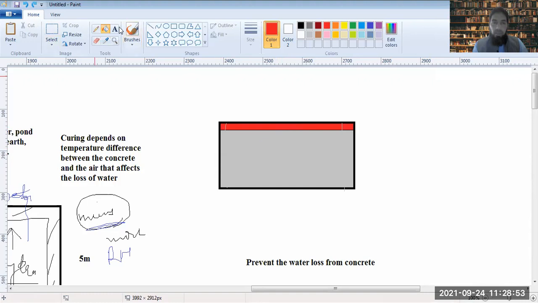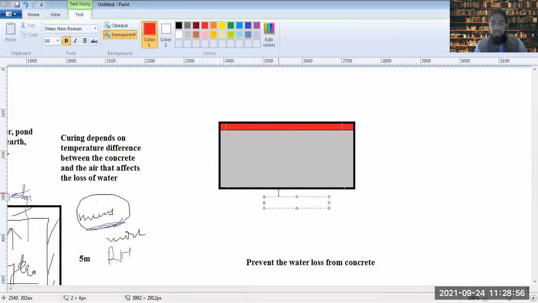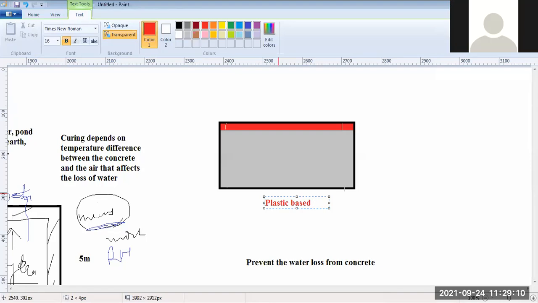Now, this membrane could be of different materials. They may be plastic-based materials, for example polythene. Even if you put polythene over the concrete surface, it will prevent evaporation because it will act as a barrier between the concrete and the atmosphere for direct evaporation.